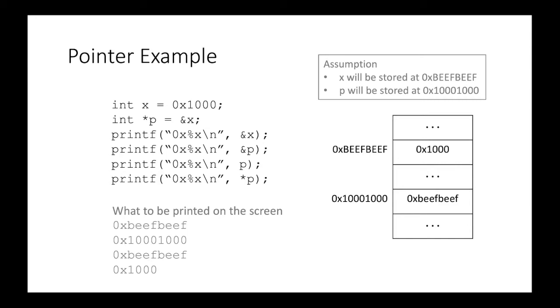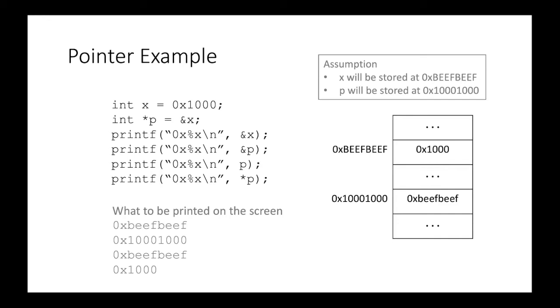The diagram on the right-hand side visualizes the declaration, initialization and location. At memory address hex beef, we have x whose value is 1000. At memory address 1000, we have the value hex beef.